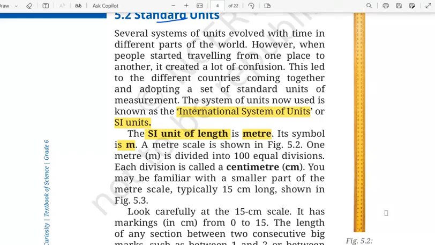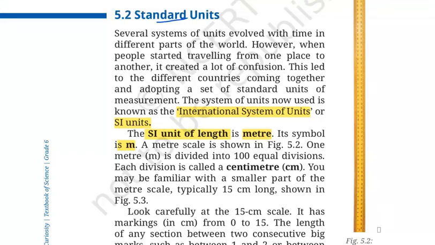This is figure 5.2, and I'm sure you don't need this figure. You must be having a similar scale with you at your home, right? So a meter scale is shown over here. 1 meter is divided into 100 equal divisions. So 1 meter is divided into how many equal divisions? 100 equal divisions. And each division is called a centimeter.